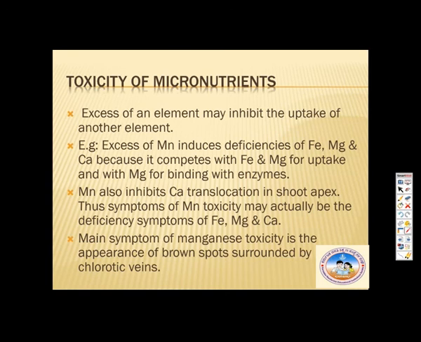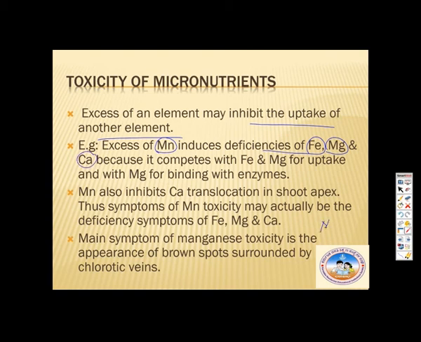Am I clear? Whereas for magnesium, it is in the binding with enzymes. This particular manganese will be absorbed instead of magnesium, and that is why all three will become less. So I repeat again: manganese induces a deficiency of iron, magnesium, and calcium.